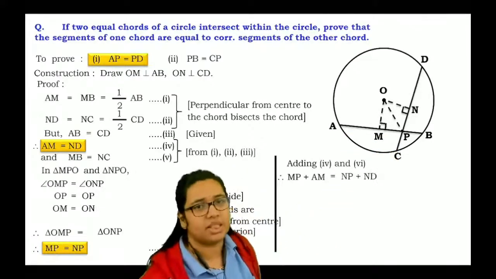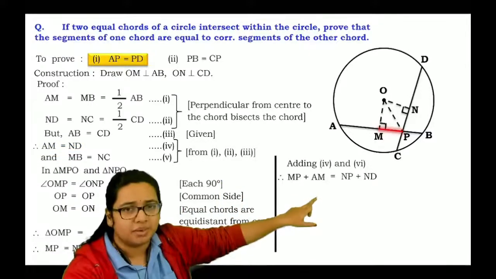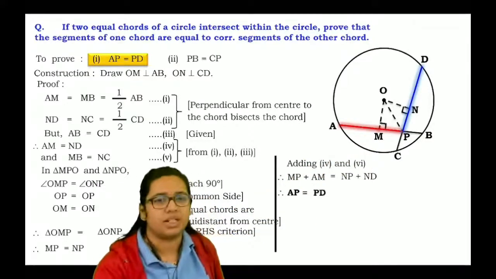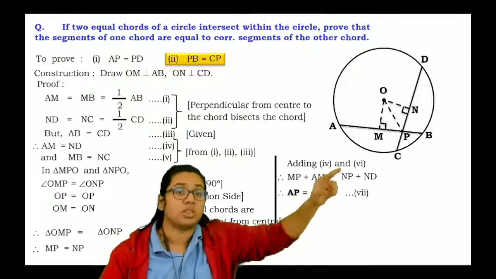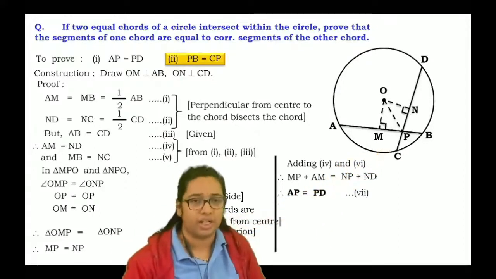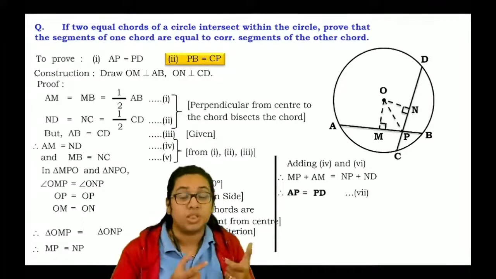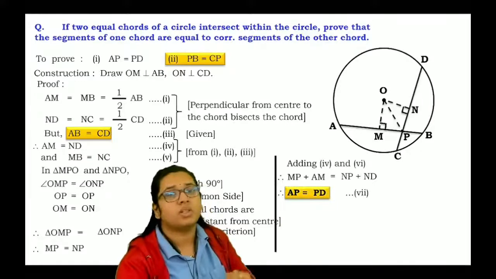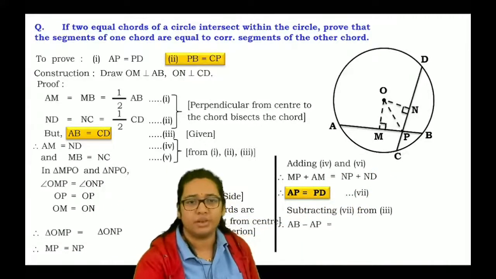Adding the equations, MP plus AM is the same as NP plus ND. So AP equals PD. Because of this intersecting point, of the two parts of the chord we considered, the greater segment will be equal in length. You have proved this.